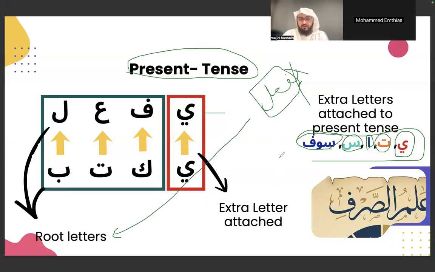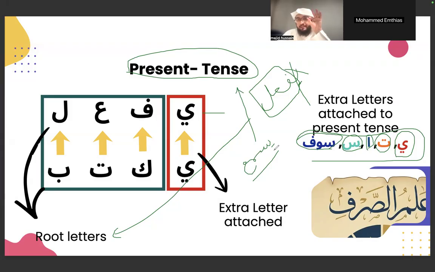Now, for example, I have the word yasma'u, when I have this verb in the form of present tense. For me to extract its root letters, I will look for the extra letters because I only need three root letters.